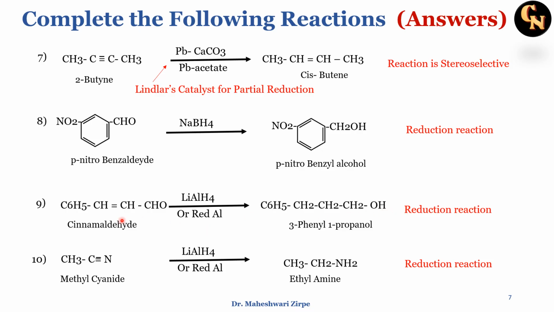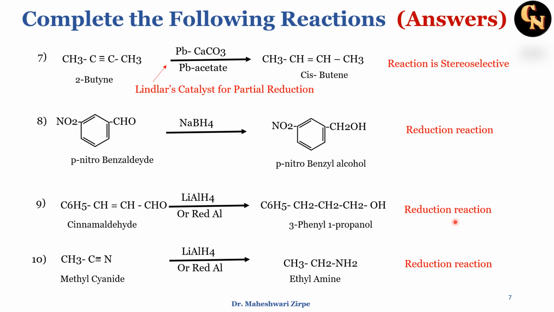So lithium aluminum hydride, being a strong reducing agent, has reduced both the pi bond as well as the aldehyde group, and the product we are getting is 3-phenyl-1-propanol. You start counting from the alcohol group, that is 1, 2, 3. The first carbon bears the OH group, so we call it 1-propanol, and on the third carbon there is a phenyl ring, so it is 3-phenyl-1-propanol.